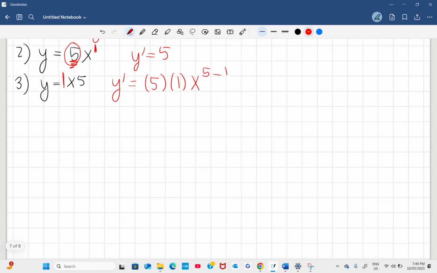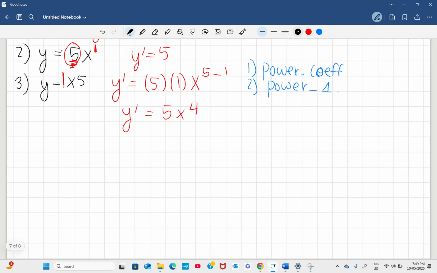So the first step is the power times the coefficient, and the second step is the power minus 1. My final answer here is y prime is equal to 5x to the power of 4.